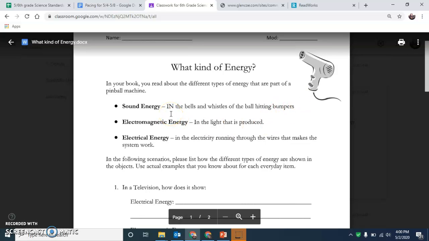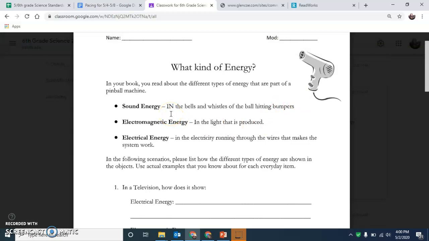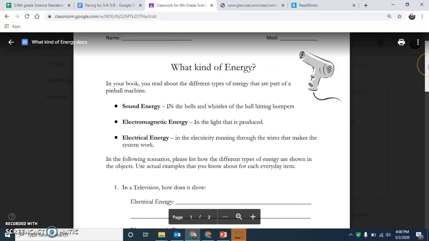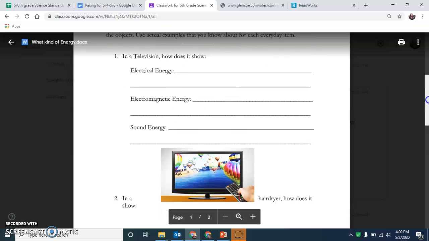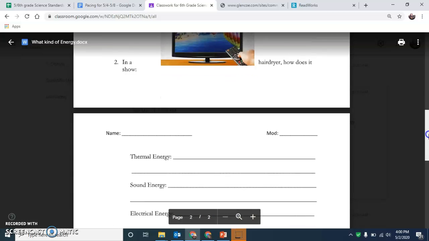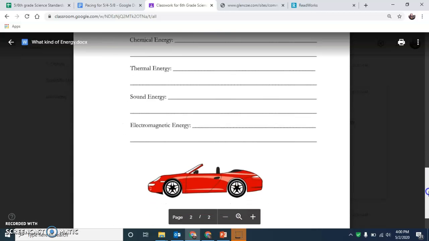If we were in school, we would have read this in our book, that a pinball machine talked about how sound energy was in the bells of the ball hitting the bumpers. Electromagnetic, or light energy, was the light that was produced when the game was on, and electrical energy was running through the wires that caused the whole system to work. In this worksheet, I'm just asking you to think about the different types of energy and how you might see it in a television, in a hairdryer, and in a car.